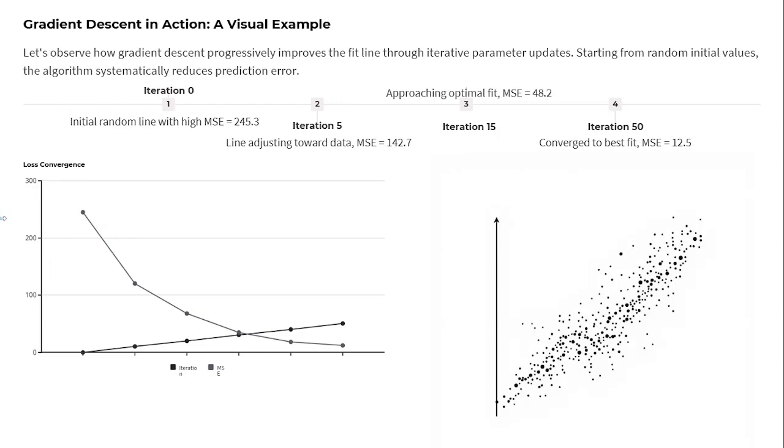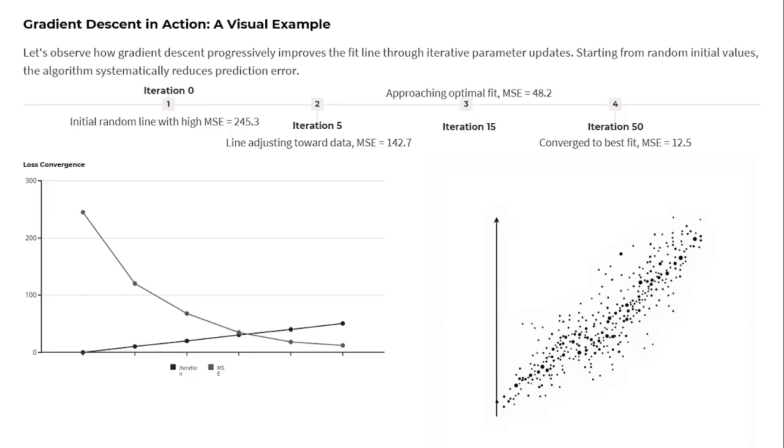Now let's visualize how this process works. In iteration 0, we start with a random line. It has a high MSE, like 245.3. In iteration 5, the line starts adjusting and MSE drops to 142.7.